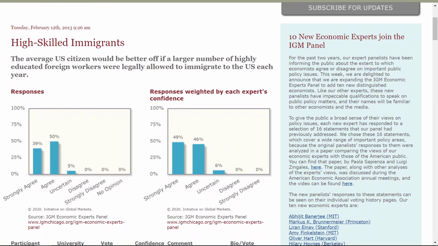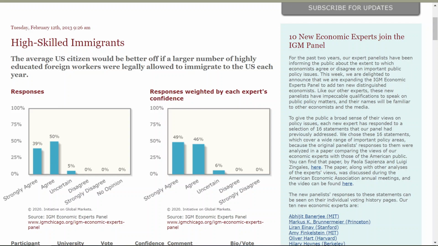It's significant agreement with just a very small fraction of uncertainty, 5% uncertainty, 6% if you weight it by confidence. But a lot of strong agreement and agreement that the average citizen would be better off if we allow a larger number of highly educated foreign workers to immigrate to the U.S. each year.